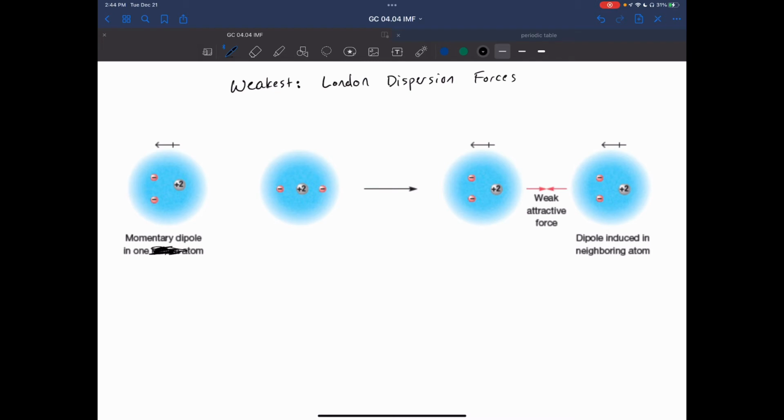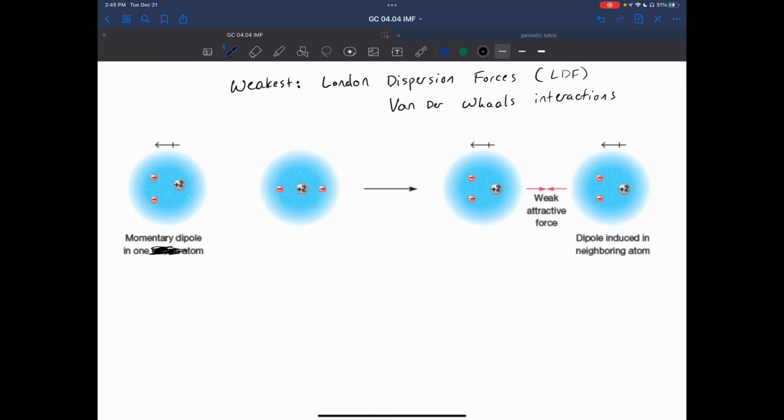And these are also called van der Waals interactions. You'll hear that said. Van der Waals, W-A-A-L-S. Van der Waals interactions. I call them London dispersion forces, or LDFs for short.